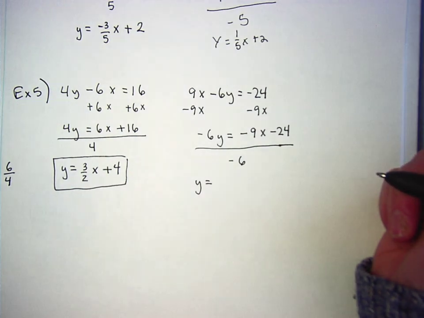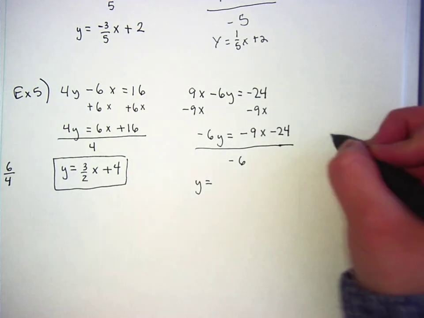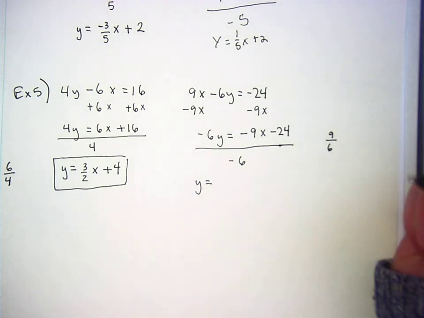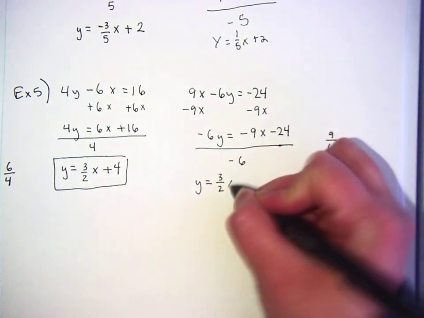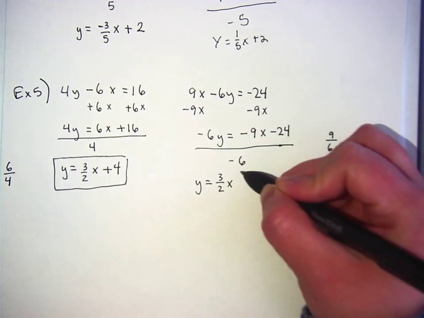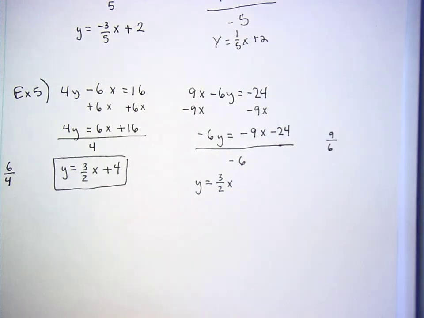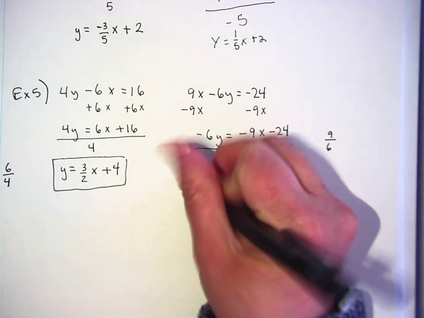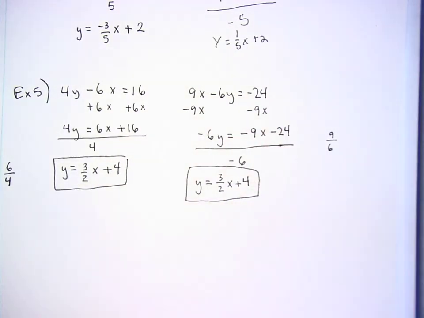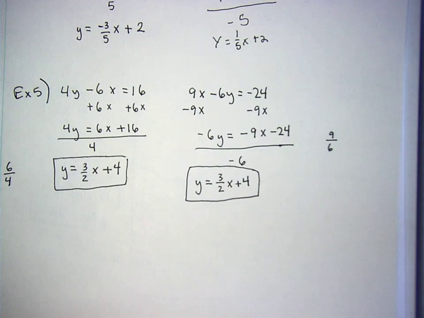Can you reduce 9/6 in your head? Right, 9/6 if you divide by 3 on the top and the bottom. Do you see how it's 3/2 x? And then what's a negative 24 divided by a negative 6? Positive 4. Now, do you see how these turned out to be the same line? Indeed.